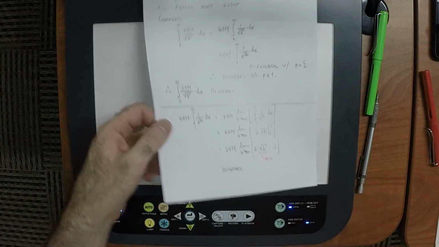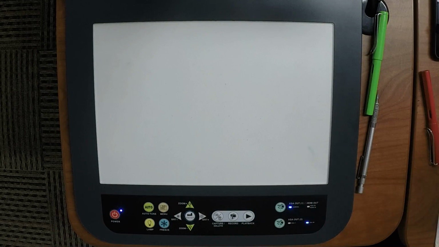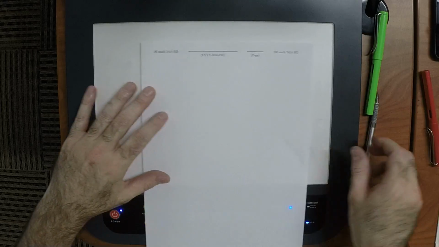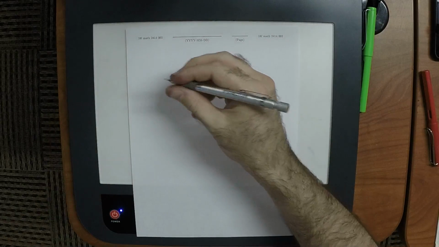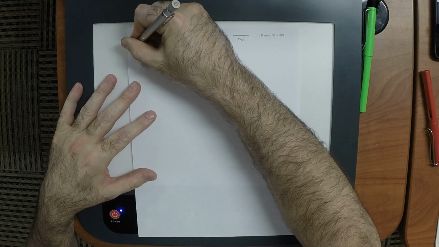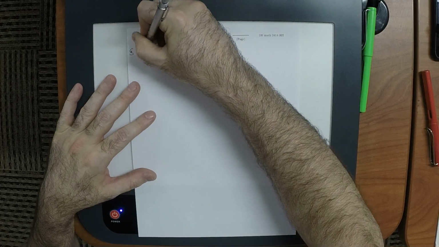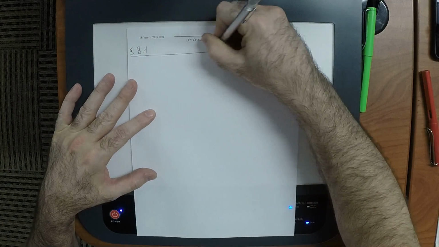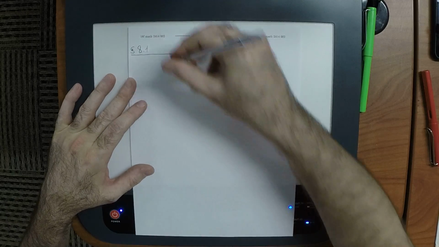Okay, so now we have a new idea. So we're in section 8.1 now, and it's called something like arc length.